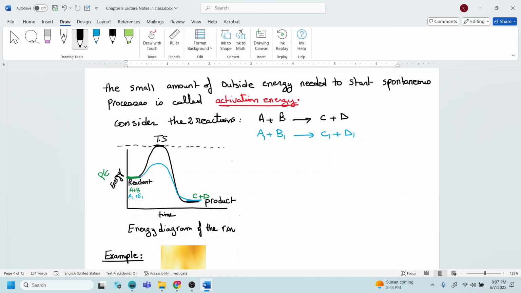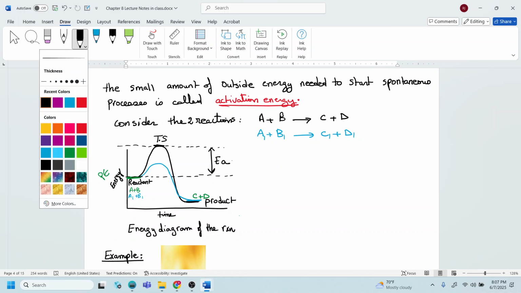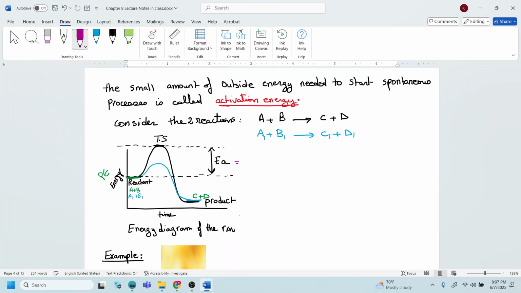The difference between the reactant energy and the transition state is called the activation energy. The activation energy is the minimum energy required for the reaction to happen. That is called EA.